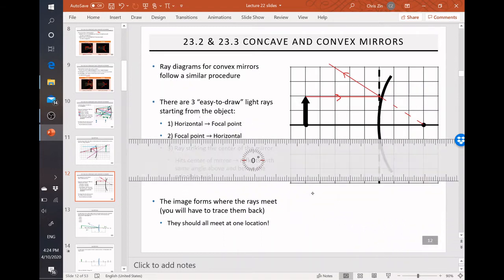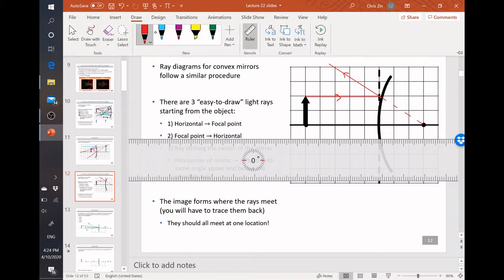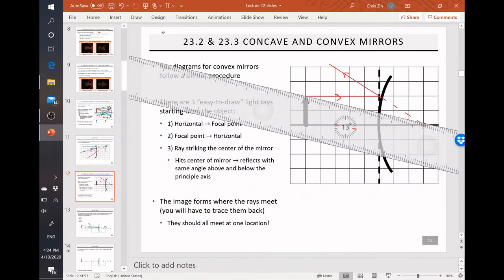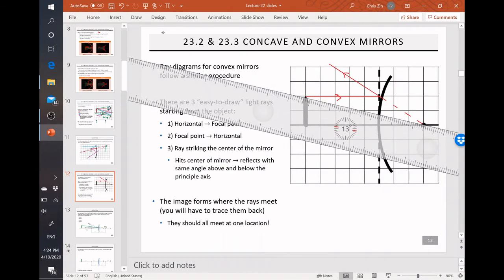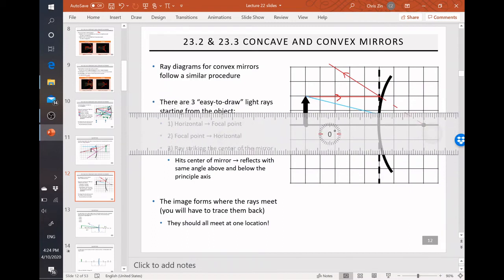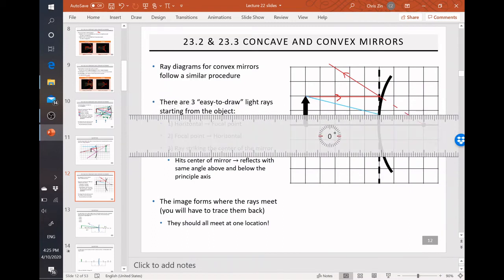The second ray in this case, the focal point to horizontal ray, this one will start at the top of the candle. It's going to head toward the focal point. Once it reflects off of the mirror, it will reflect off so that it's horizontal.